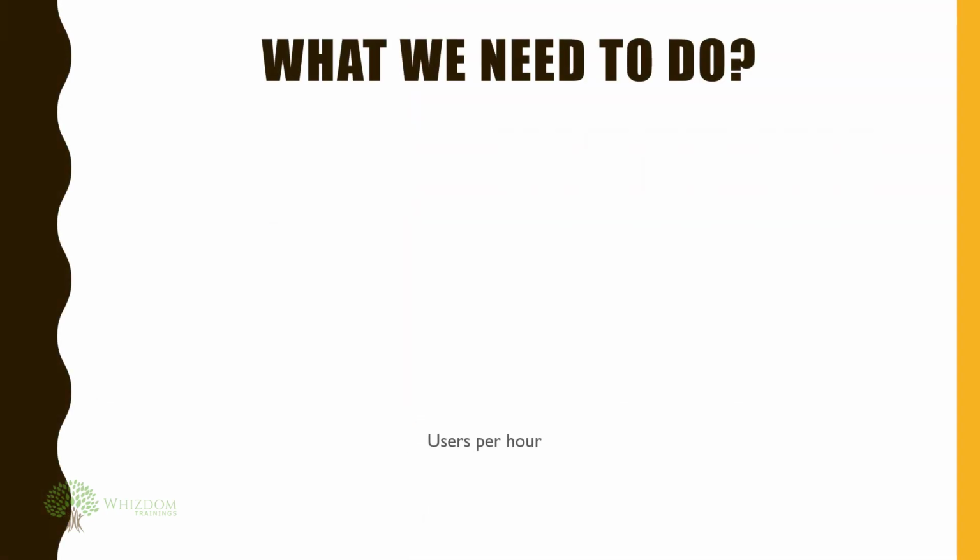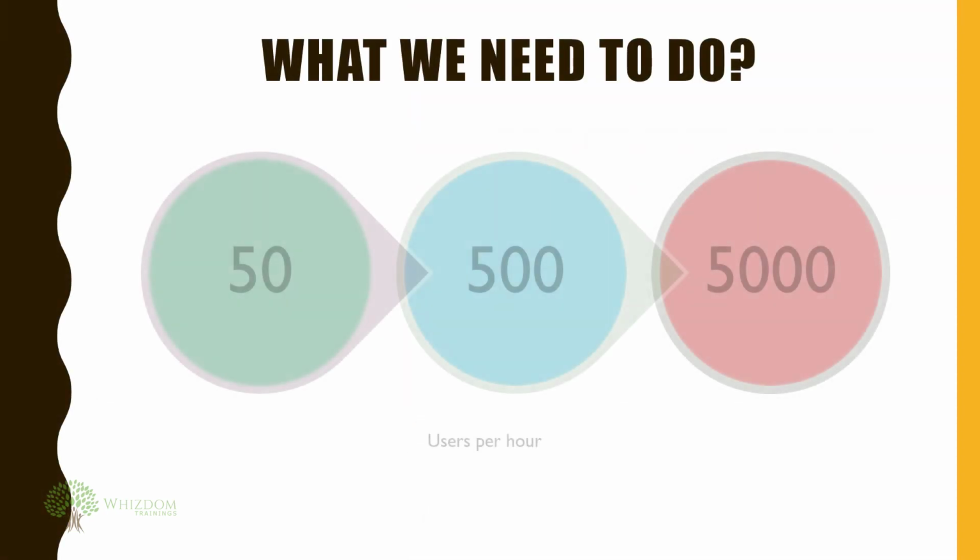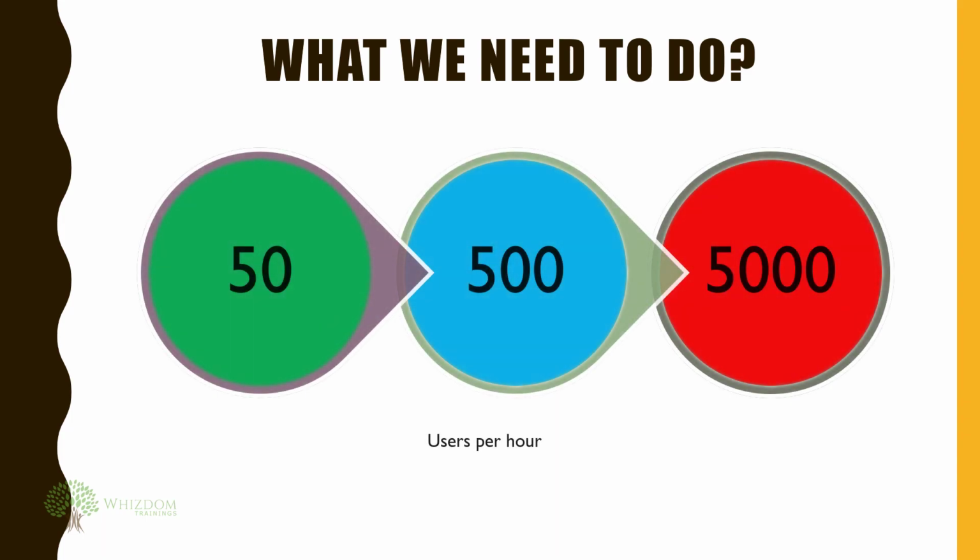Say, for example, we have an application, and currently the application performs well under 50 users. When the users increase to 500, it is still working absolutely fine, right? It is a bit slow, but not that much.